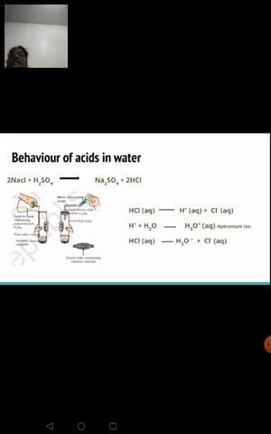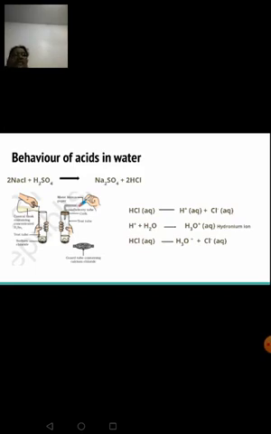So, when HCl is dissolved in water, it takes a new form and the product formed is totally new, that is hydronium ion, H3O+, and chloride ion. So acids in water dissociate; the hydrogen ion present in the acid dissociates. Hydrogen ions are highly unstable.